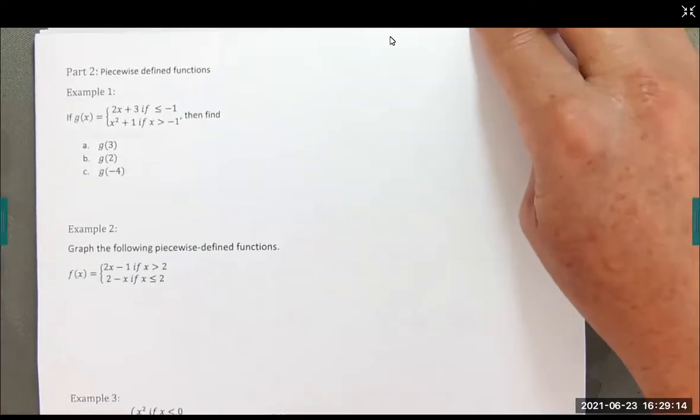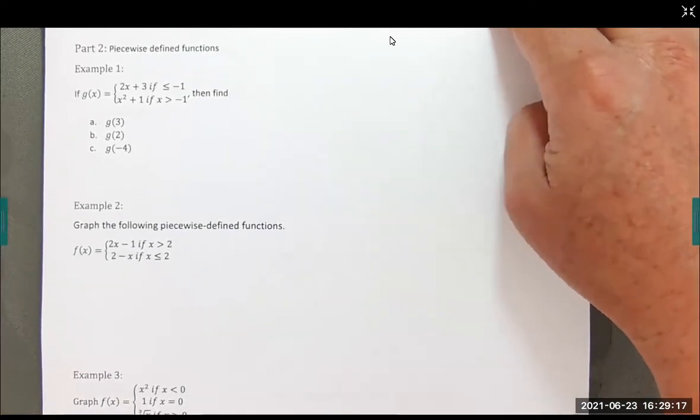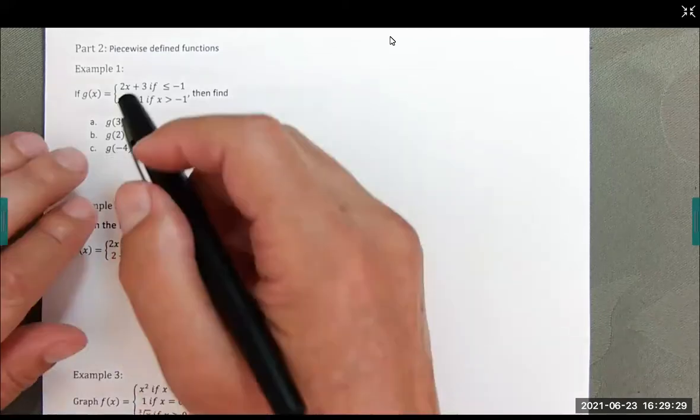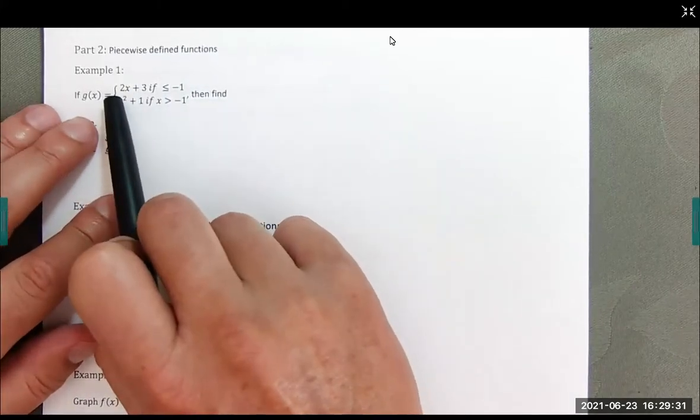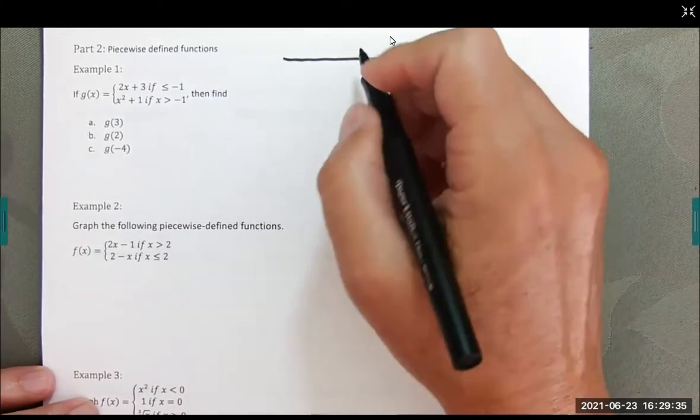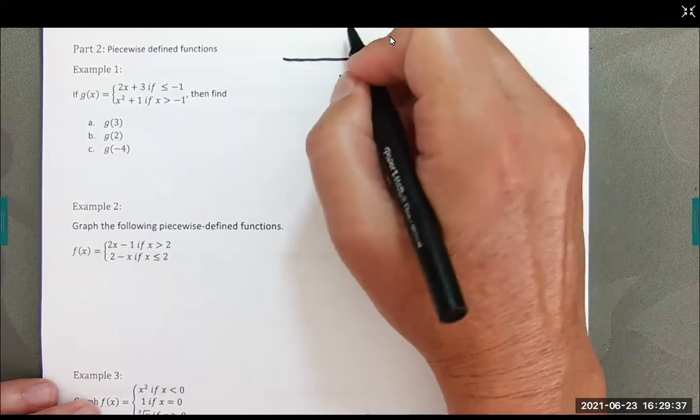Now we are to piecewise functions. Piecewise functions basically are functions where for certain x values, it's one function, and for other x values, it's a different function altogether. We're going to start by trying to identify g of 3. Now this one is going to be this straight line. In fact, let me give a quick, here's -1.